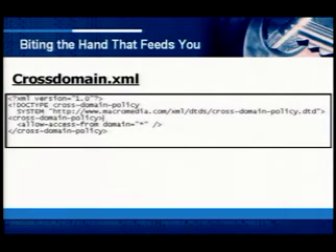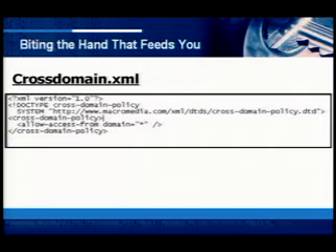Basically, what this is saying is, when Flash makes a cross-domain request to some server, let's say Flash makes a cross-domain request to Gmail, mail.google.com. If it finds a cross-domain.xml file on there, and that cross-domain.xml file says, allow access from star, that means any domain on the internet can make a cross-domain request to mail.google.com if it finds this file.